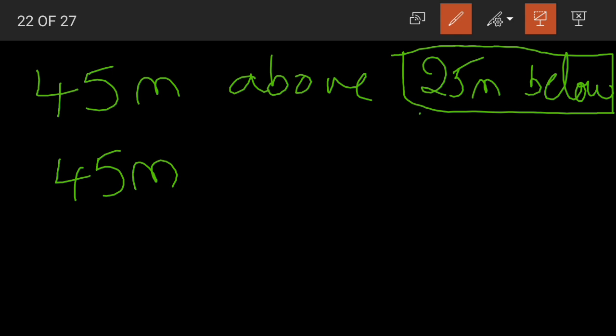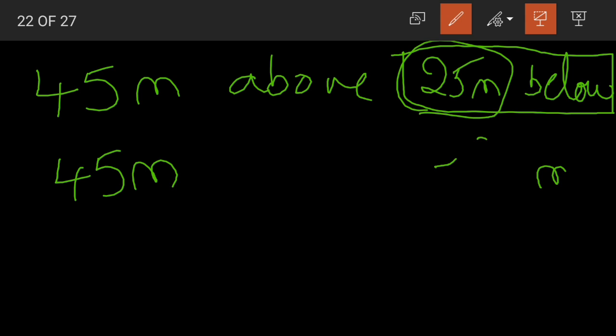Like when we go in an elevator or a lift, the floor below the ground floor, which is our basement or the parking area, is called -1. One floor below the ground level is called -1. In the same way, this is 25 meters below the sea level, so it will be represented as -25 meters.